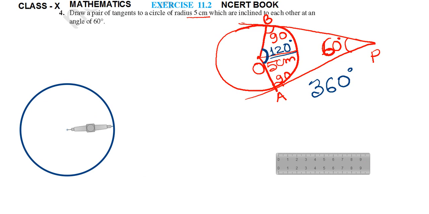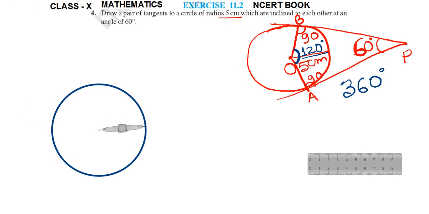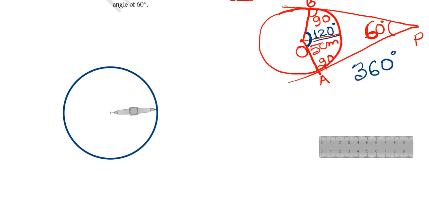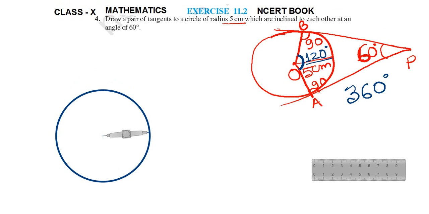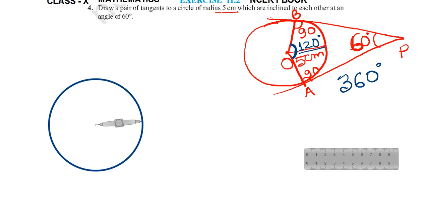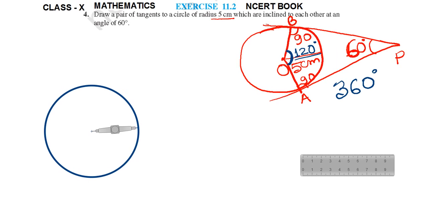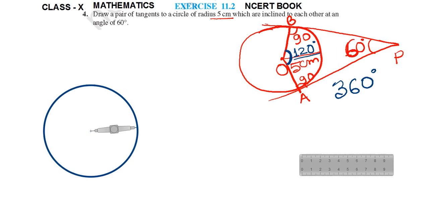Now, as we have to draw a pair of tangents to the circle with radius 5 centimeter, inclined with each other at an angle of 60 degree, and we have just seen that in this case the two radii we should draw inside the circle will be inclined with each other at an angle of 120 degree.